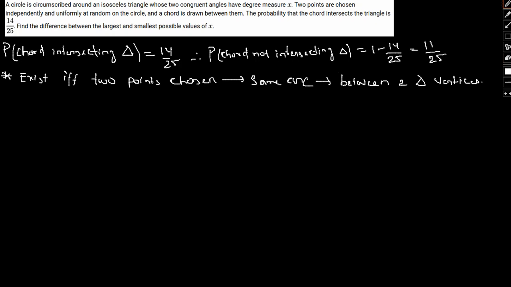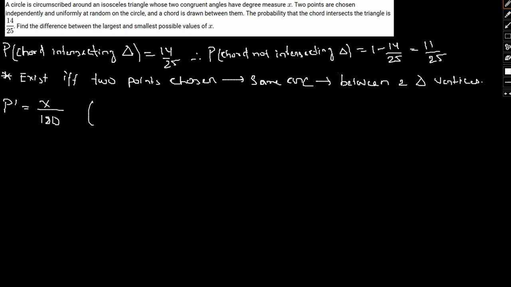Now, the probability that the point is chosen on one of the arcs opposite to a base angle, let me call it p, is x/180. How do we arrive at this?